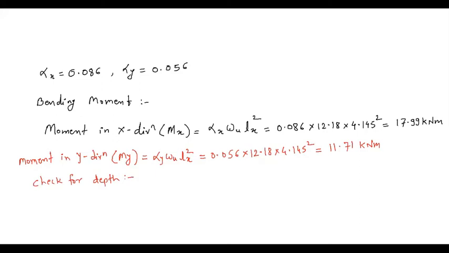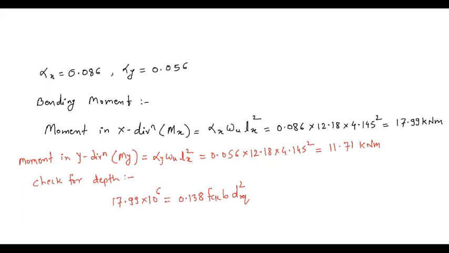What is the maximum bending moment now? It is 17.99 into 10 raised to 6, which is equal to the moment of resistance. Fe415 is given, so it is 0.138 fck b d square, where this d is your d required.